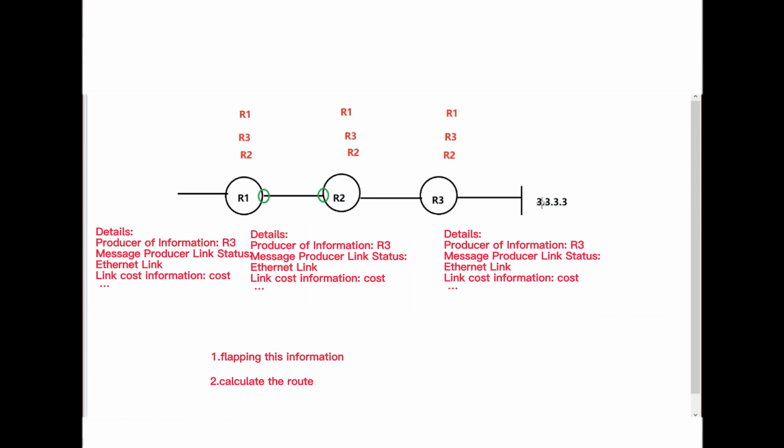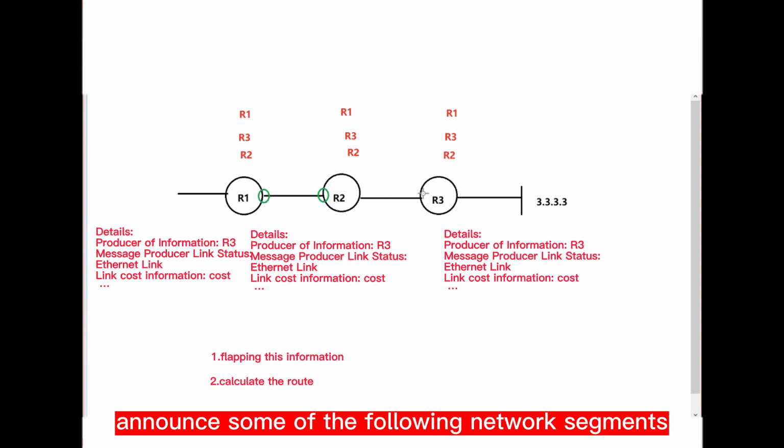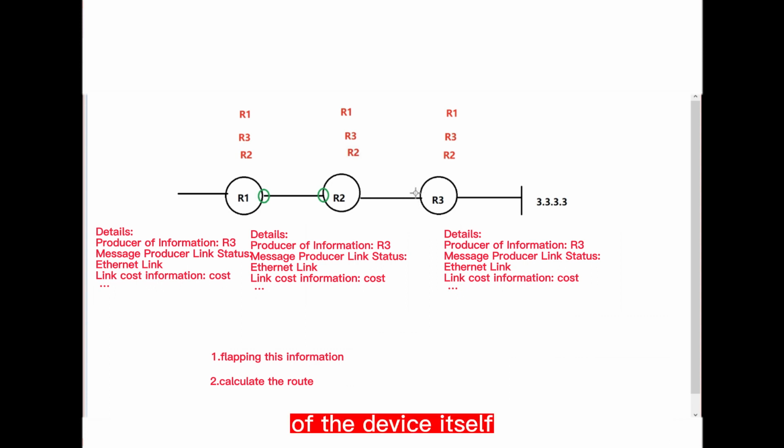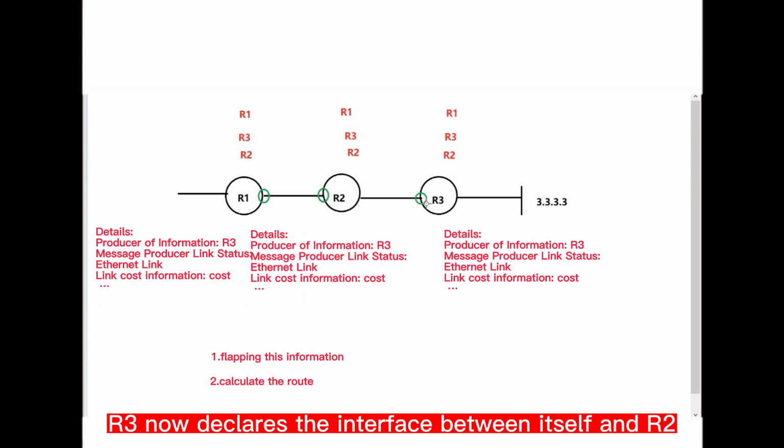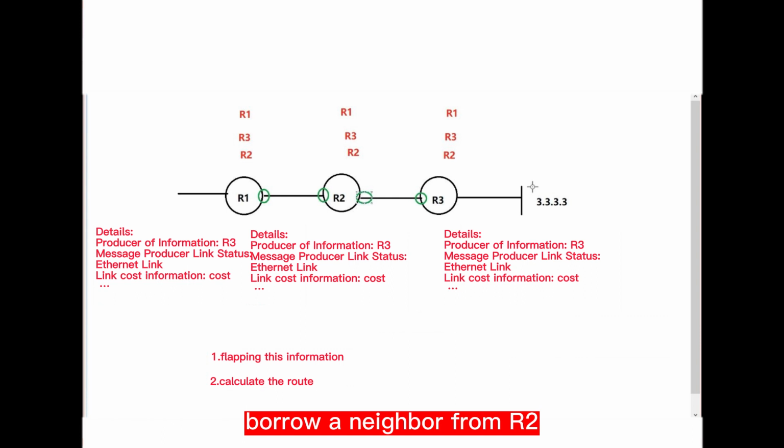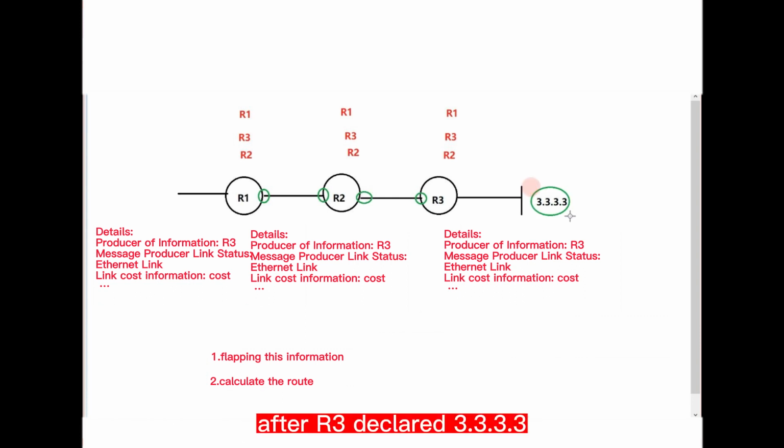Secondly, announce some of the network segments of the device itself. For example, R3 now declares the interface between itself and R2, borrowing a neighbor from R2. R3 declared 3.3.3.3. This is the same as EIGRP.